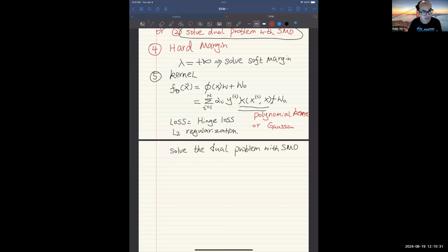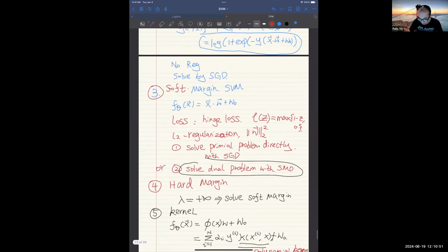All right, and in fact, you can further expand everything into a setup for regression, because this whole idea is very much universal.